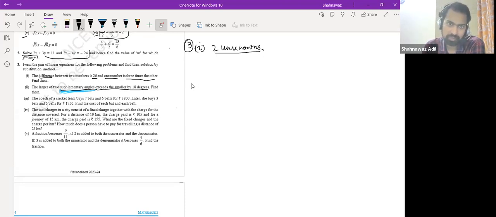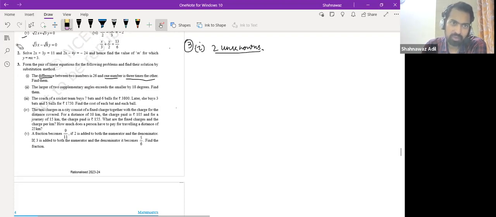The two unknowns are the two numbers. So let us assume that one number is x and the other number is y.